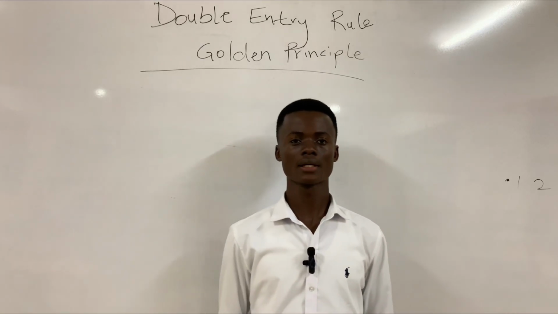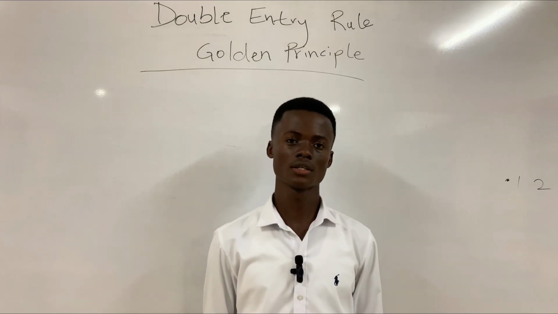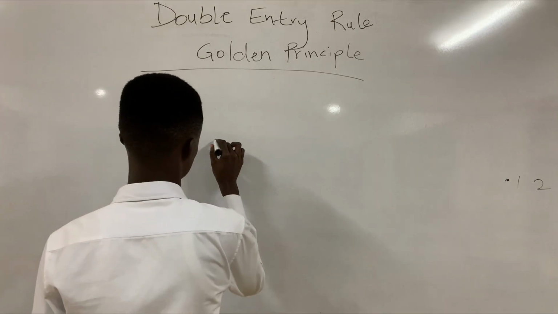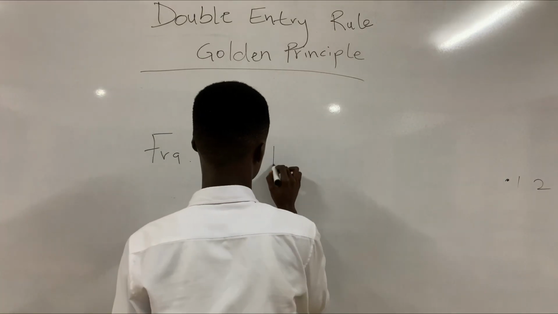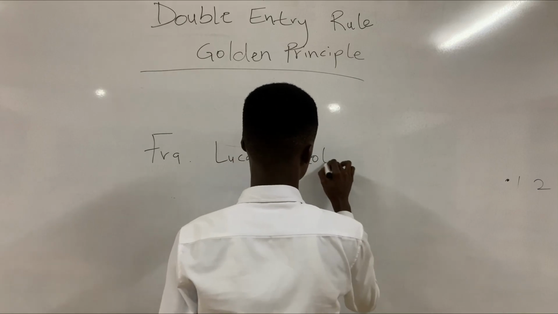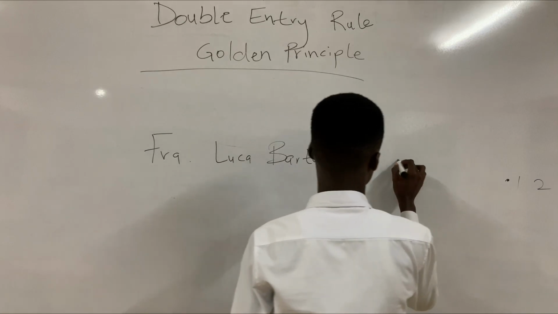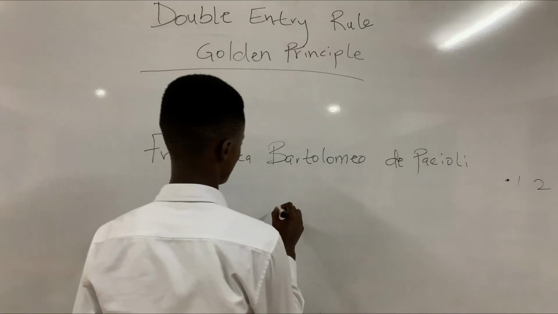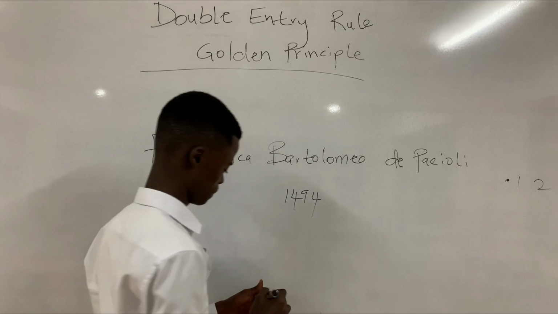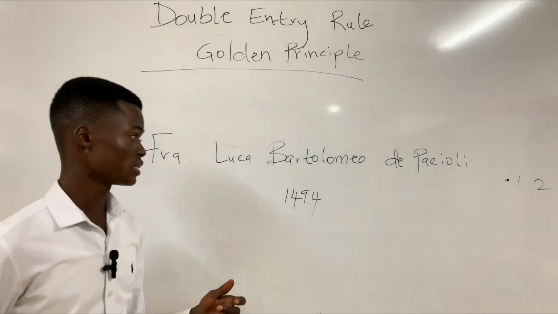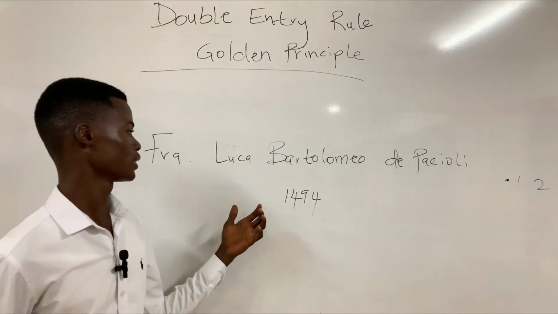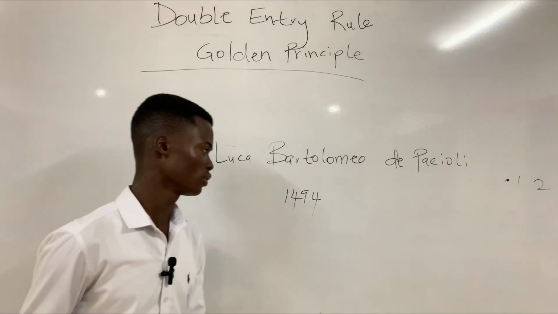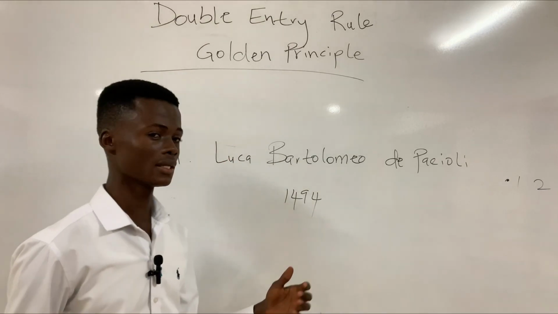This rule was propounded by an Italian mathematician known as Fra Luca Pacioli in the year 1494.